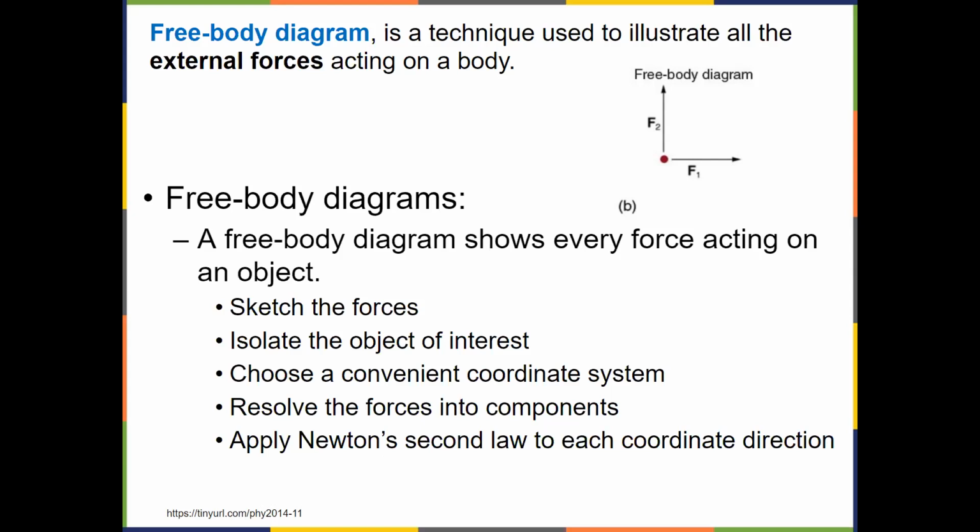In many cases you will have 2-dimensional motions, and I think we are just going to deal with 2-dimensional motion in this class. In some scenarios you will be doing 3-dimensional motion, but not in this class, maybe somewhere else. So you will apply Newton's second law to each coordinate direction. We'll mention Newton's second law a little bit later in this chapter, if not today, then next time.